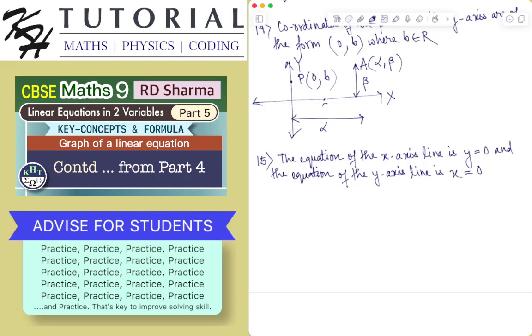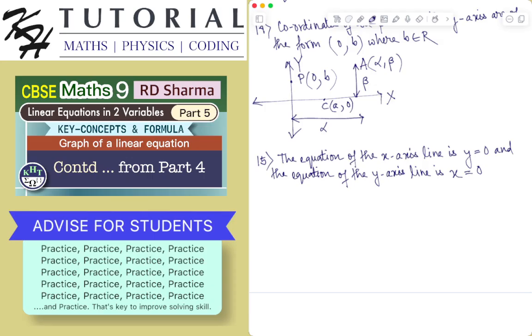Any point C on the x-axis, its ordinate will be 0. And as I said in the previous points, the x coordinate or abscissa could be anything depending on where the point C is lying on the x-axis, that is, depending on the distance of the point C from the y-axis. So in this case we can see y is always 0.